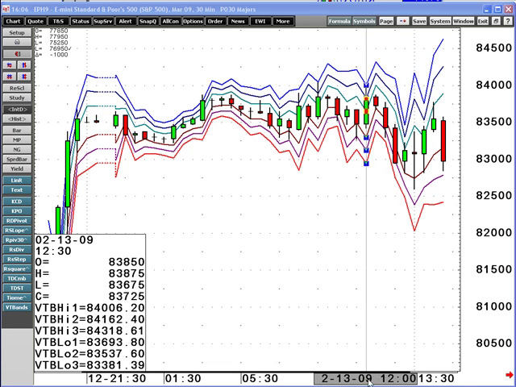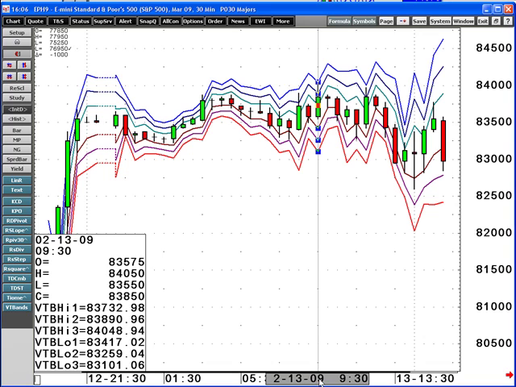What this study is, a volatility time band, and what volatility time bands do is look at momentum for the time of day as opposed to momentum on a continuous basis. It uses a proprietary way of analyzing what is the look back period and what is a normalized range for that time of day on any chart above 15 minutes.